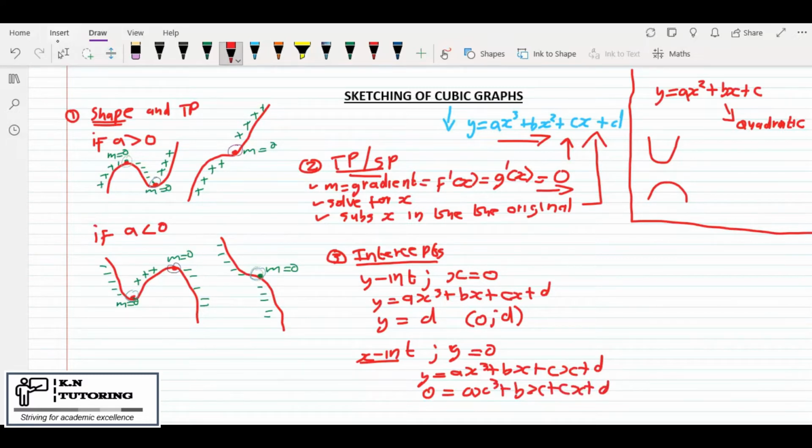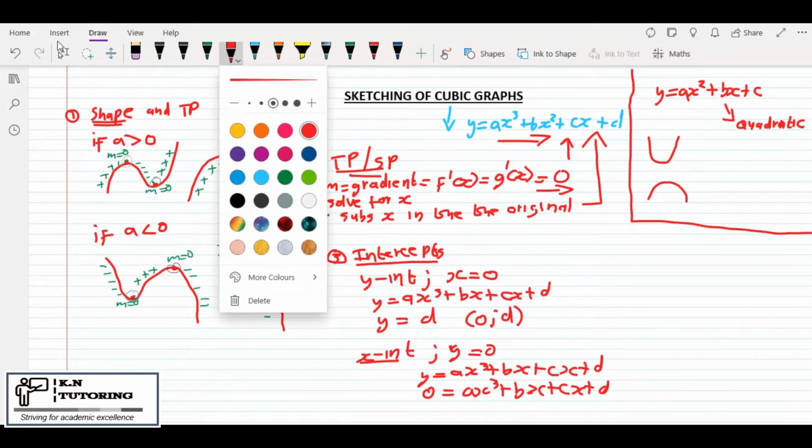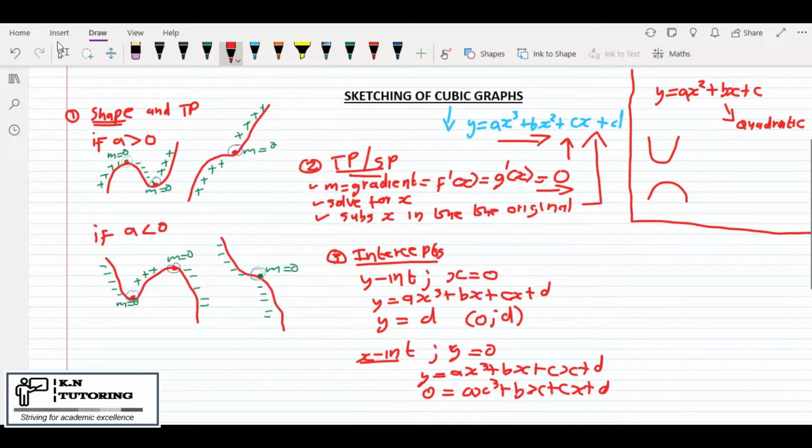Now, very important here, the question is, how are you going to solve this? Are you going to factorize this cubic? This is why it was very important for us to look at, in the previous lesson, the remainder theorem and factor theorems.